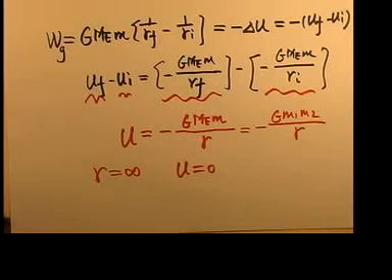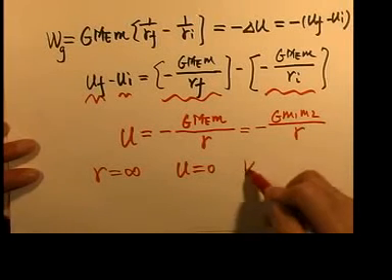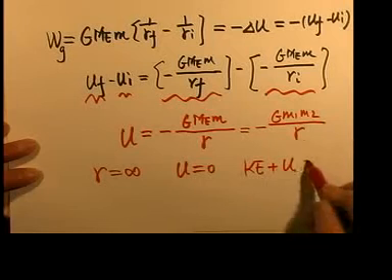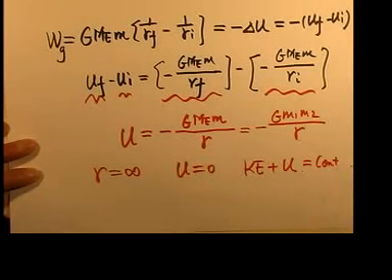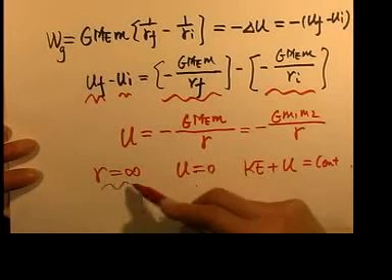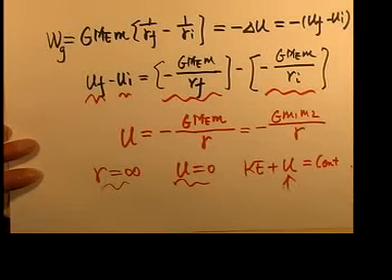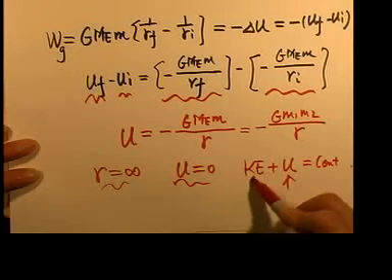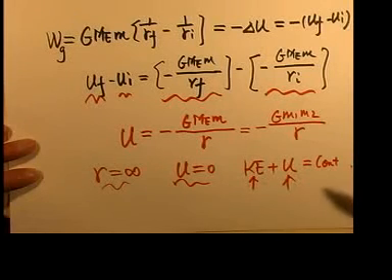Then what happens is the total mechanical energy is kinetic plus potential. It's a constant. Initially, when a particle is infinitely far away, U equals 0, and kinetic energy initially is also 0 because the particle does not move.